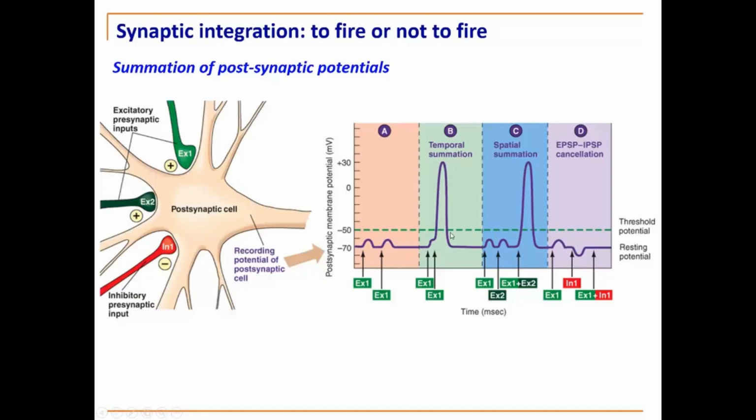You might get spatial summation coming in from one place and then another place, and they add up together. So this one and this one have made their way to the axon hillock and generated an action potential because they've come in spatially from different spaces, but at the same time. And then you get cancellation. EPSP plus IPSP means nothing. So it's all about summation of postsynaptic potentials.